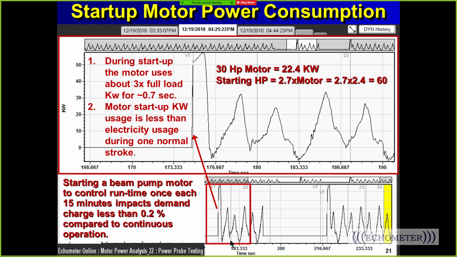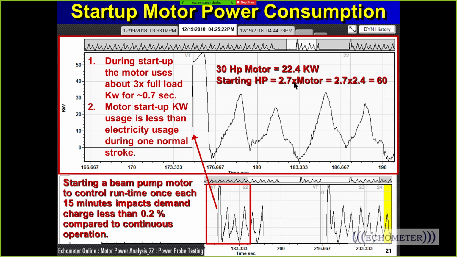So I took this right here and I blew it up, and here it is blown up. If you look at this right here, this is your breakaway and breakover kW, and this is less than a second. And if you look, this is a 30 horsepower motor that's equivalent to 22 kW.